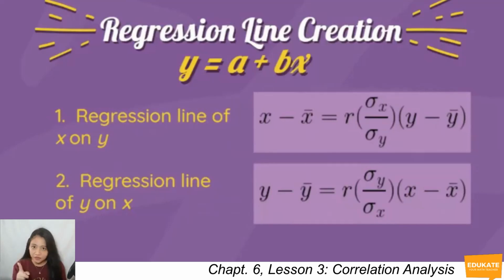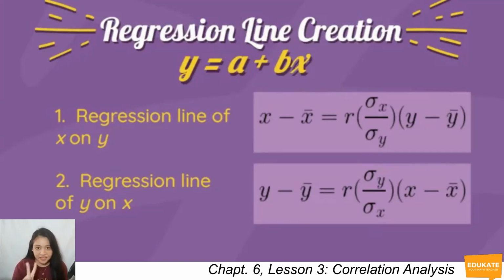So the first one: x minus the mean of x equals R, where R is the value of your Pearson R from your correlation analysis, multiplied by the standard deviation of x divided by the standard deviation of y, multiplied by y minus the mean of y.